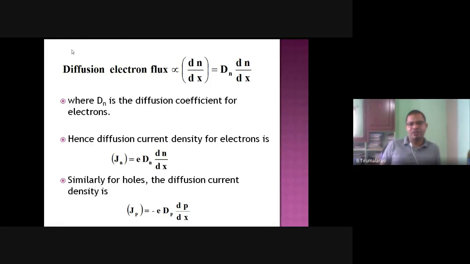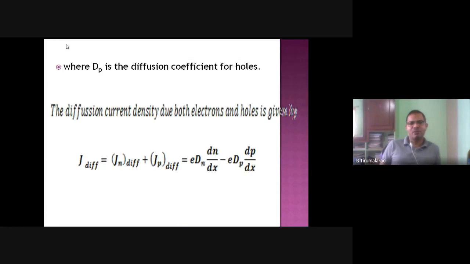So students, what is the total diffusion current? The total diffusion current J diff is equal to diffusion current due to electrons plus diffusion current due to holes. Already we know that the diffusion current due to electrons is e Dn dn by dx, minus e Dp dp by dx.